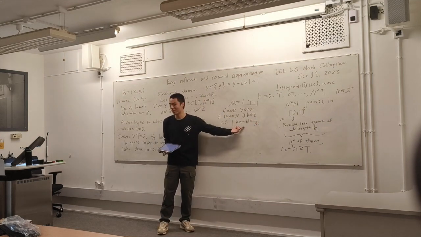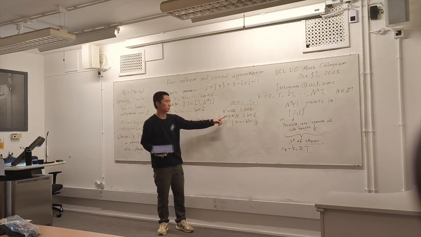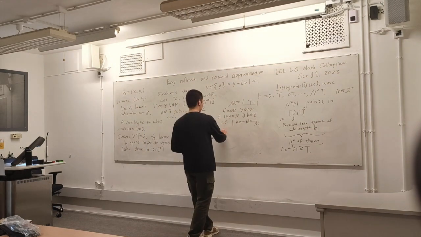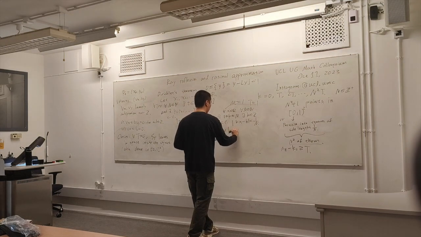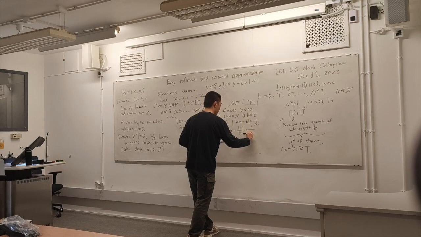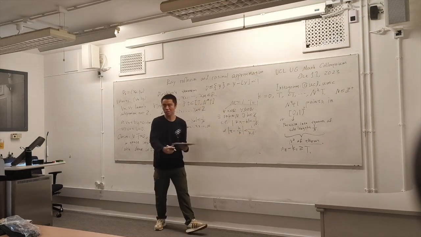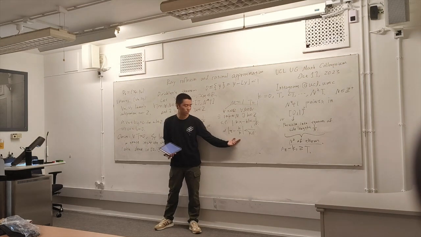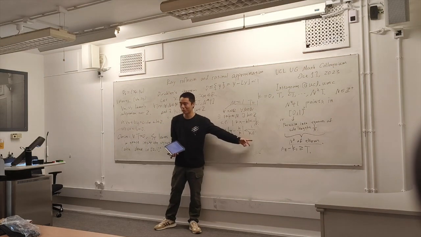So since these two are integers, and we have specified that this k has to be non-zero, we can translate this inequality into: x minus h over k is less than 1 over k times n. So we can see that this actually gives you the distance between x and a rational number.